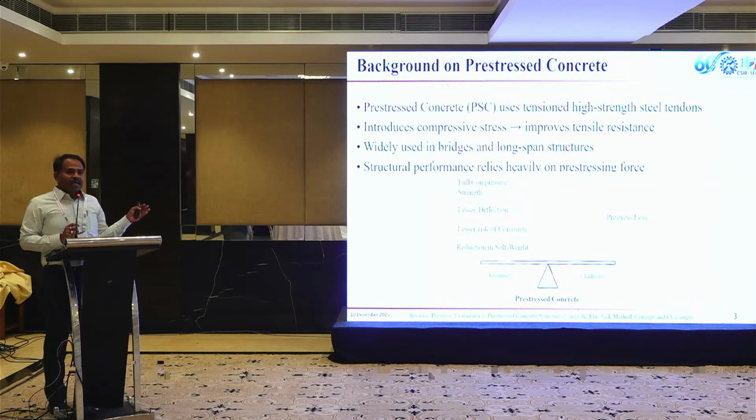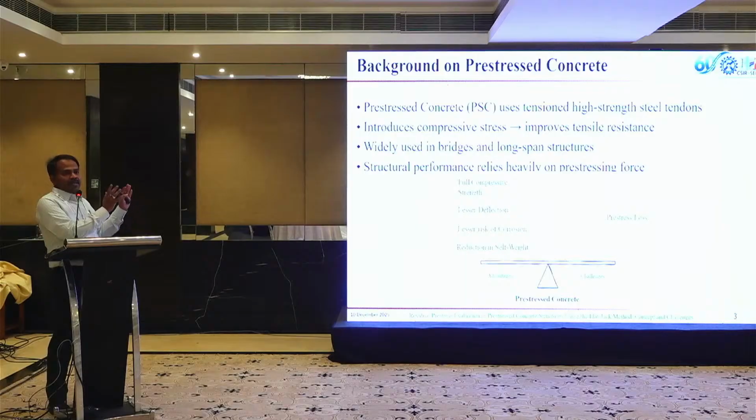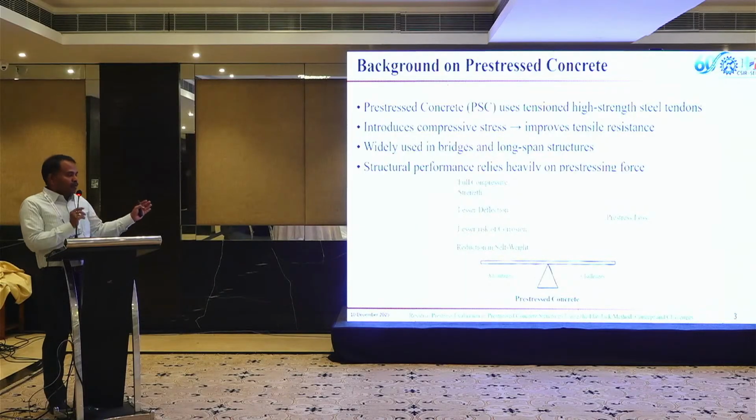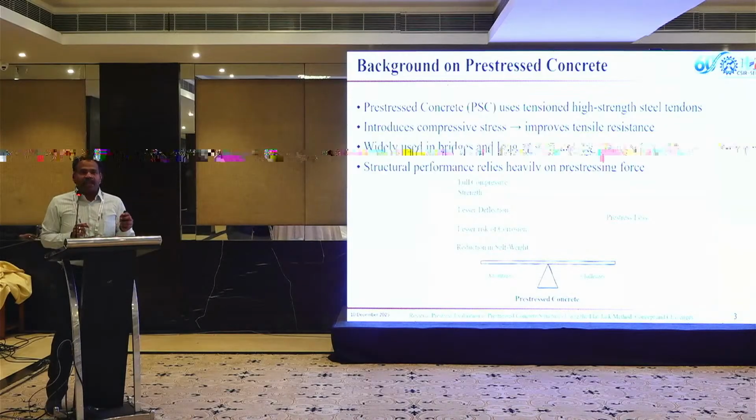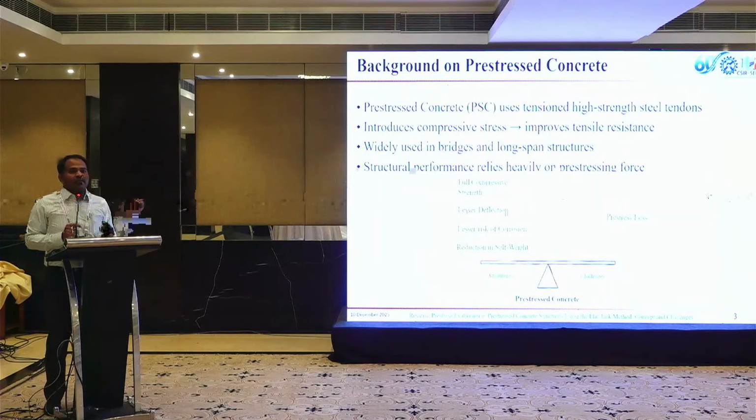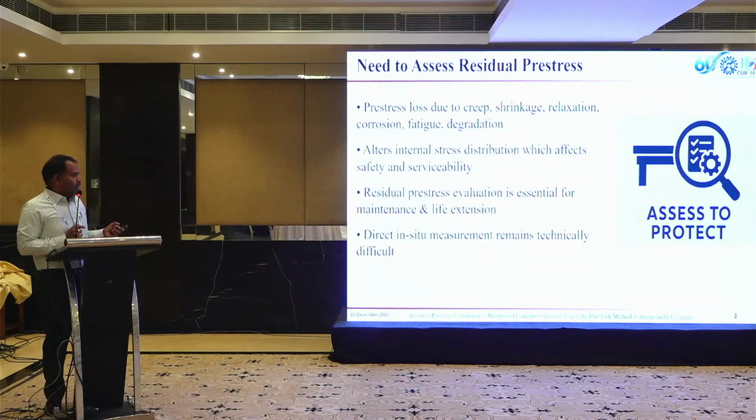The structural performance of pre-stress concrete structures mainly relies on this pre-stress force. Even though you have a lot of advantages like full compressive strength, lesser deflection, lesser risk of corrosion, and reduction in section, the only challenge is loss. How this loss is evaluated is very, very important.